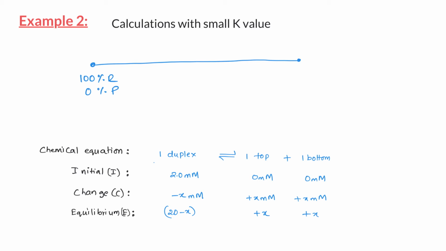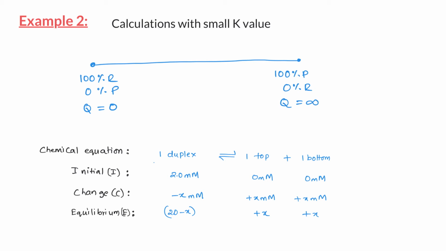On the left hand side, we have 0% products and 100% reactants. The Q value is 0. And on the right hand side, we have 100% products and 0% reactants. The Q value here is infinity.